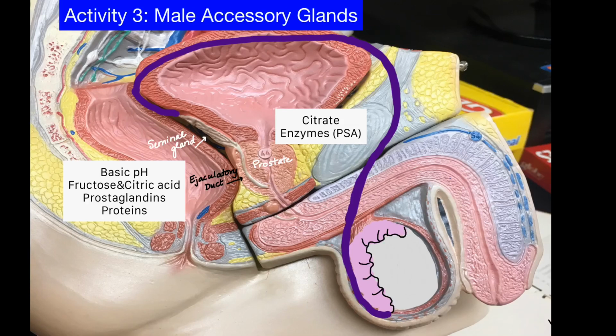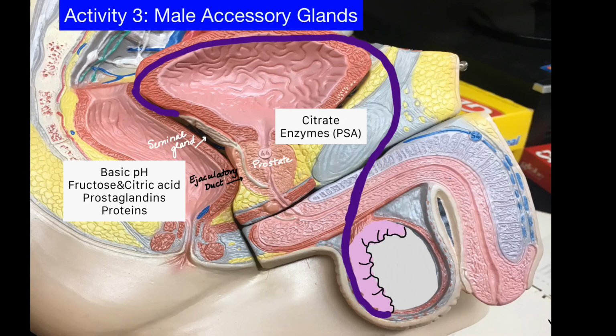The prostate produces secretions that are just slightly acidic because they contain citric acid and also a number of different enzymes. One of the most important is PSA, prostate-specific antigen. I already mentioned that our seminal glands produce proteins that help keep everything together as a tight ball.